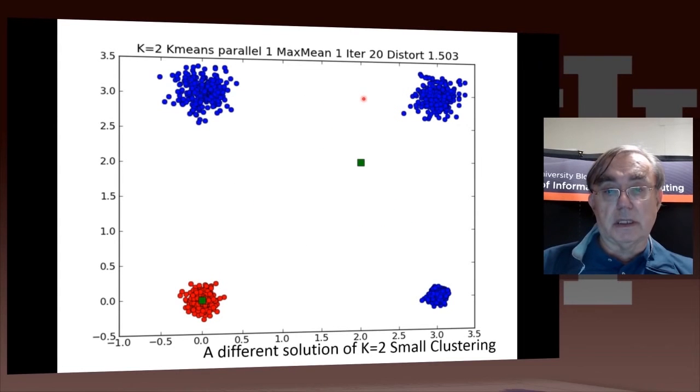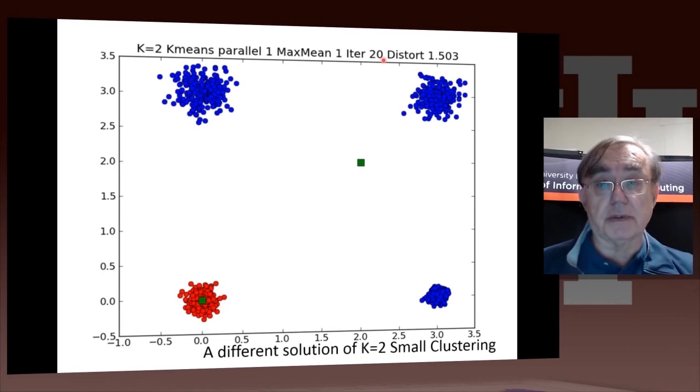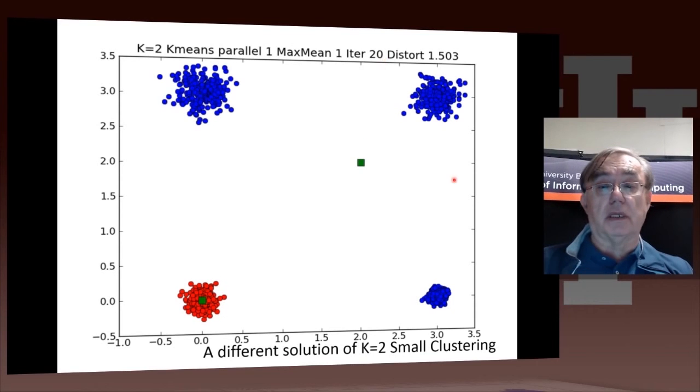And here's an interesting case, which we'll discuss a little more, which intrigued me. So we have actually the small clusters. We have 20 iterations, so it ought to get a good answer. And we expected that if we clustered the 4 small clusters into 2, we would do 2 and 2.